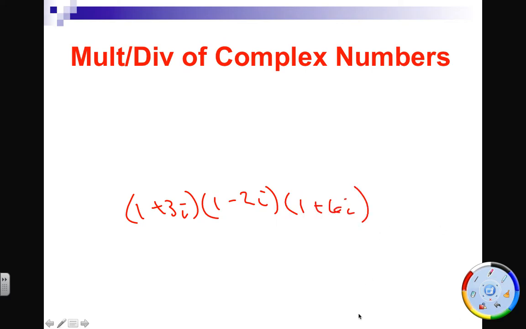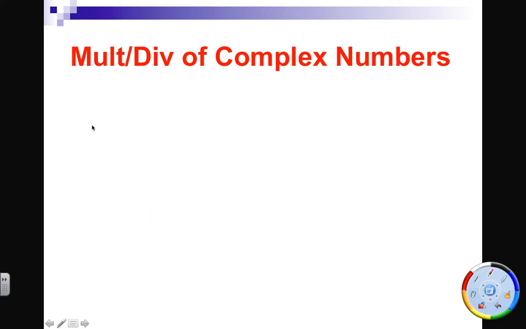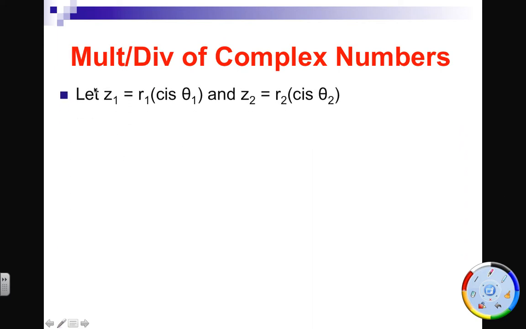And it kind of got ridiculous after a while. Now here's where this comes in handy. If you have two complex numbers, z1, which has an r and a theta for itself, and z2, which has its own r and theta, if I wanted to find the product of, or sorry, I guess I do the quotient first.